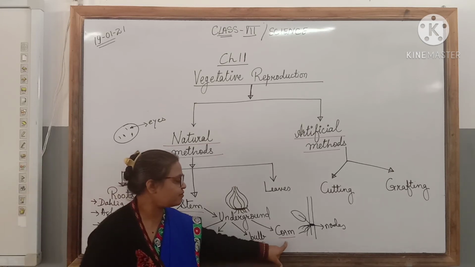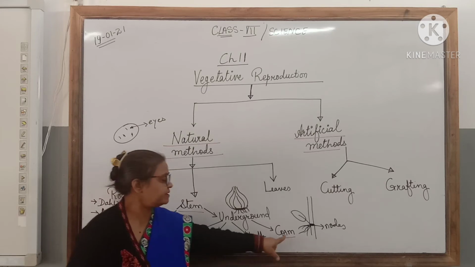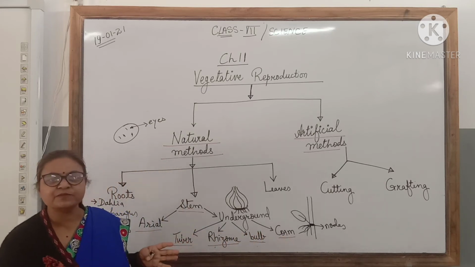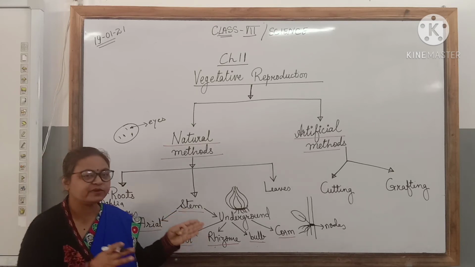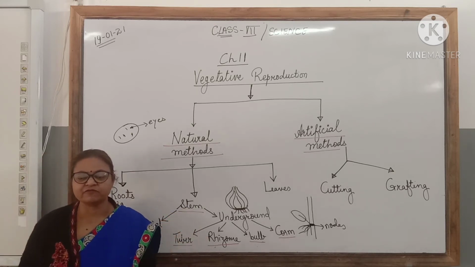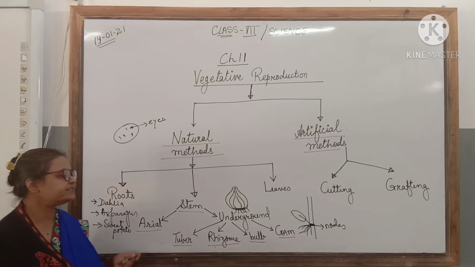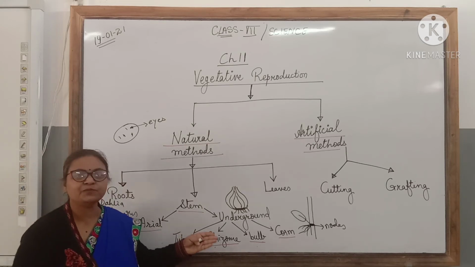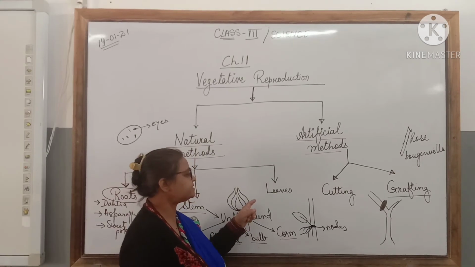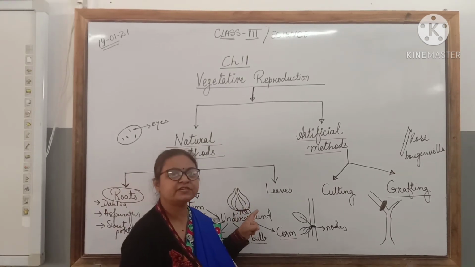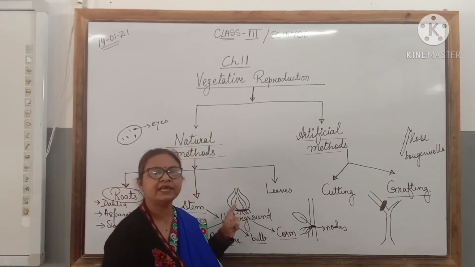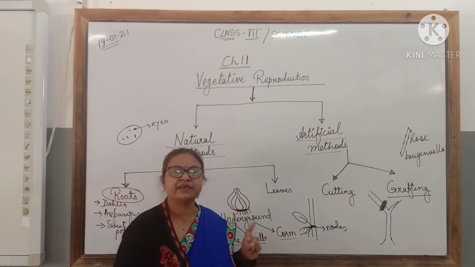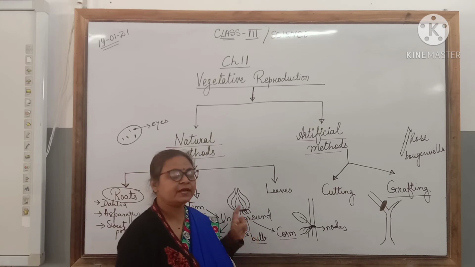Then last is the corm. Corm is larger than rhizome, and it is also an underground stem storing the food. The best example is colocasia, which helps in producing new plant with the help of this. The last among the vegetative reproduction naturally is with the help of leaf. The very good example for this is Bryophyllum.